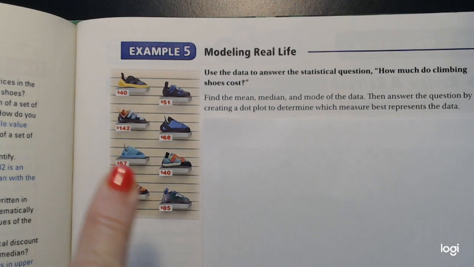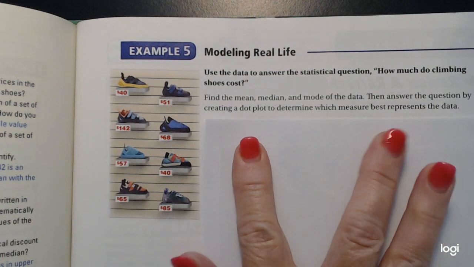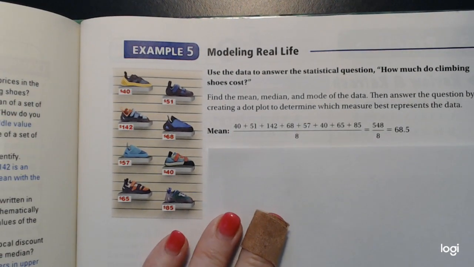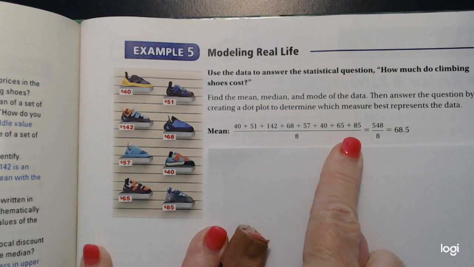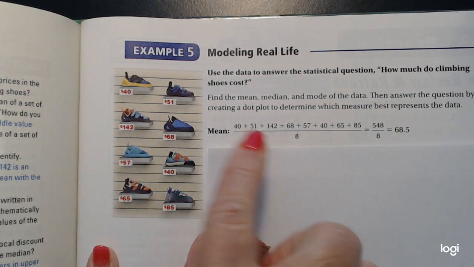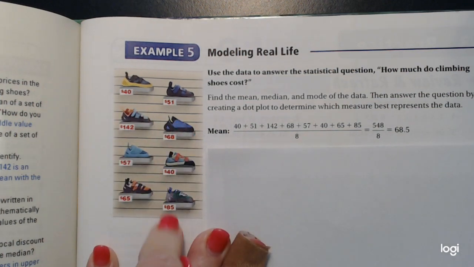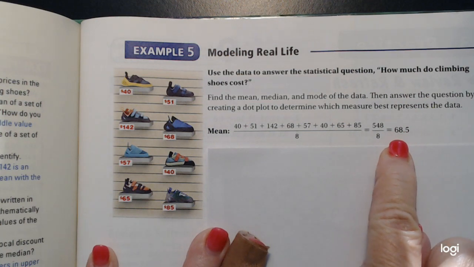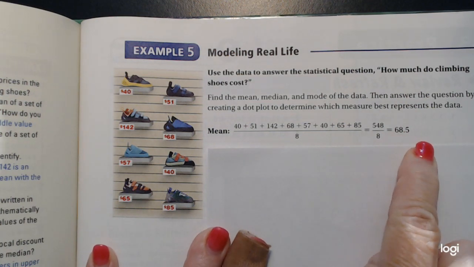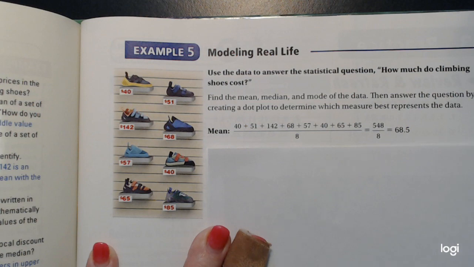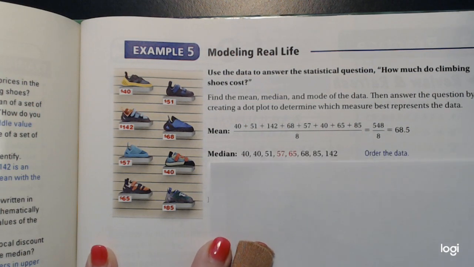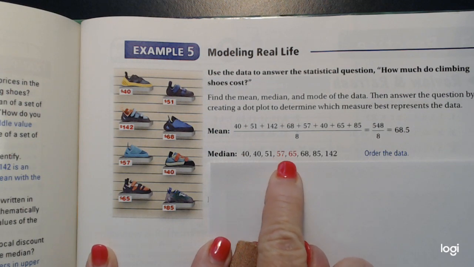If I'm going to find the mean, we know we have to add all of the prices up. And so if you notice in our book, here's how we did the mean. Put all the shoes, add them up, divided by 8, because there's 8 values, and the average price is $68.50. The median, if I look here and try and find my middle number, I have two numbers, 57 and 65.